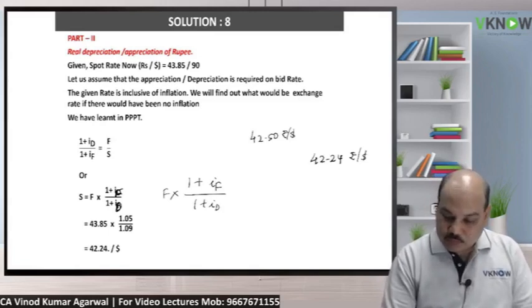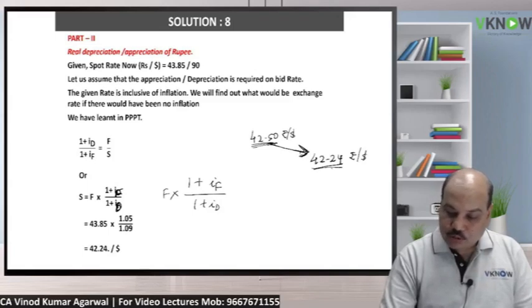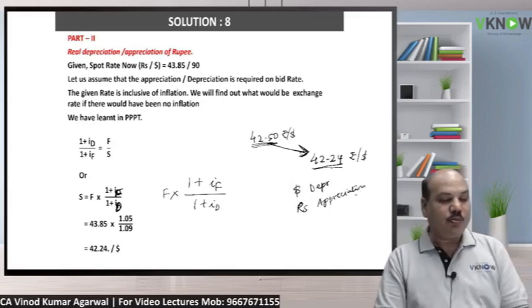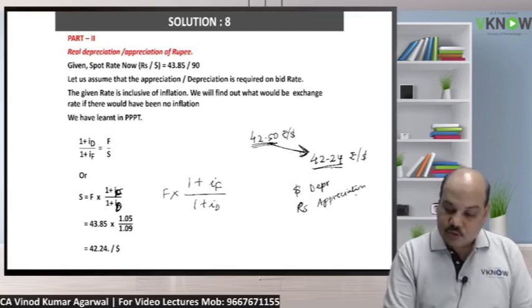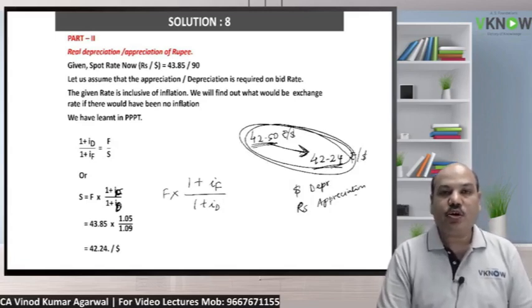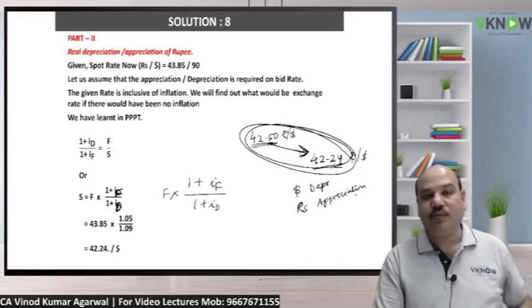So tell me quickly, if there was no inflation, and the rate is moving down from 42.50 to 42.24, what has happened? Dollar has depreciated and rupee has appreciated. So this difference gives me the appreciation or depreciation in real terms, that is called the real exchange rate.